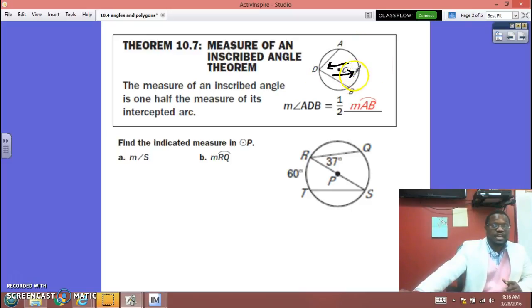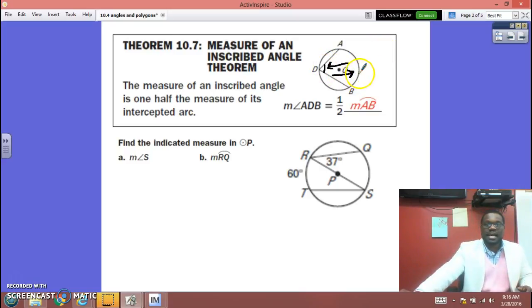You might want to write that down. So I always let people think about it. What do I know and what am I trying to find out? In this particular theorem, it's basically saying that if you have an inscribed angle, meaning your angle is inside your circle and the vertex is on the circle, the angle is going to be half of whatever the arc is. Or the arc is going to be double the angle, however you look at it.